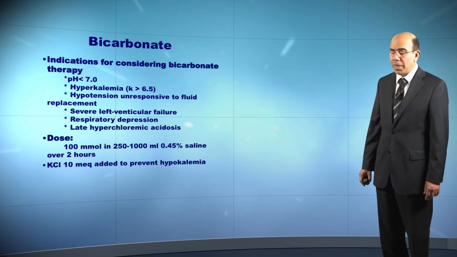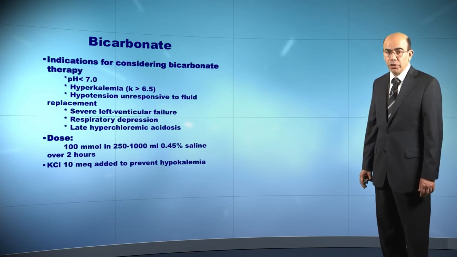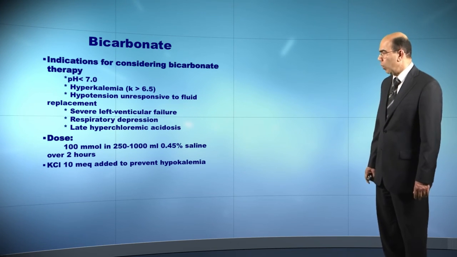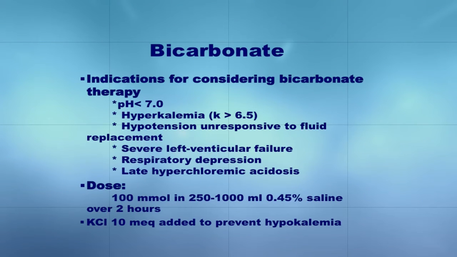If you have to give bicarbonate, you can put 100 millimole in 250 to 1,000 ml of half normal saline over 2 hours. If you give it with normal saline, that will be a little bit hypertonic to the patients. We also recommend that you add potassium chloride, about 10 milliequivalent, to prevent hypokalemia.